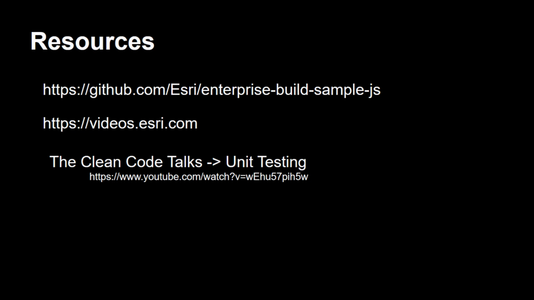Some of the other resources we have available: we have that enterprise build sample that we've been using in our presentations this week. Feel free to go in, ask questions, maybe commit new code if you find something that improves the workflow, and just go for it. Another great resource is the Esri videos website. There were some great talks this week about unit testing.